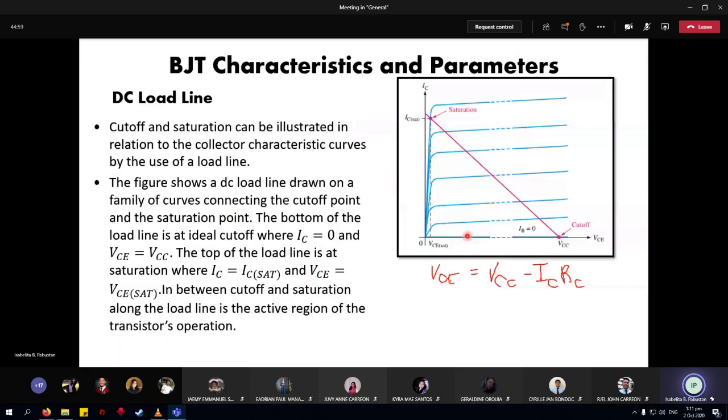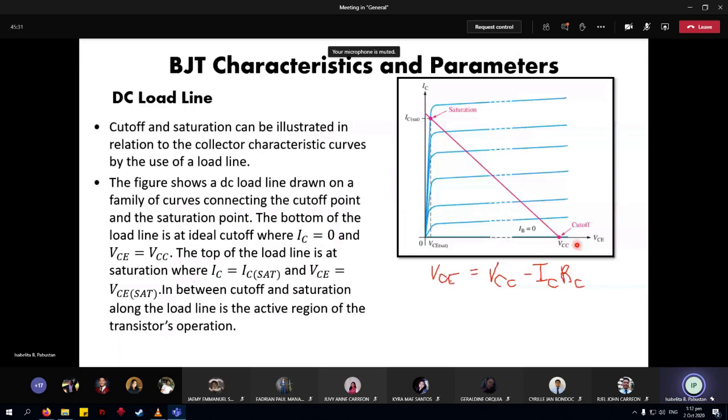It is just like getting the x-intercept. When you are talking about a straight line, you have the x-intercept and the y-intercept. When you set IC equal to 0, like setting y equal to 0, you will be able to get the x-intercept. The x-intercept is that point where y is equal to 0.